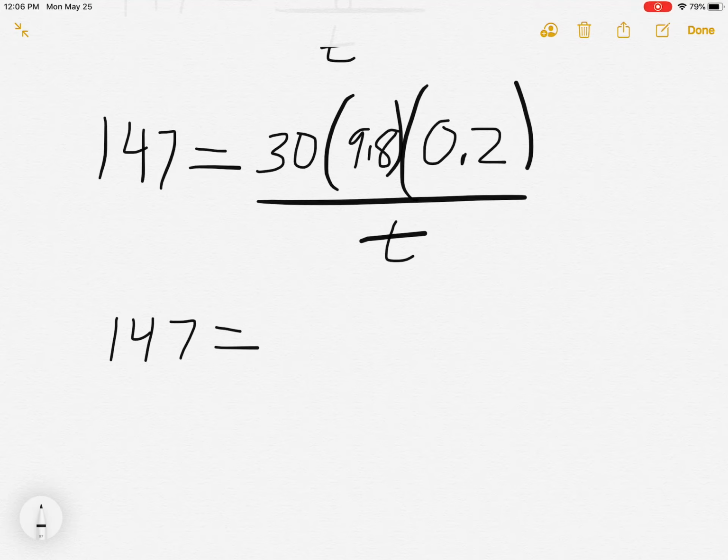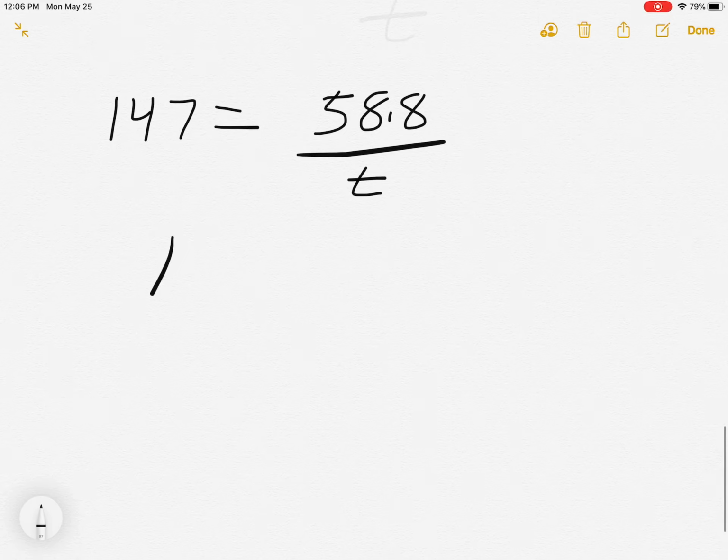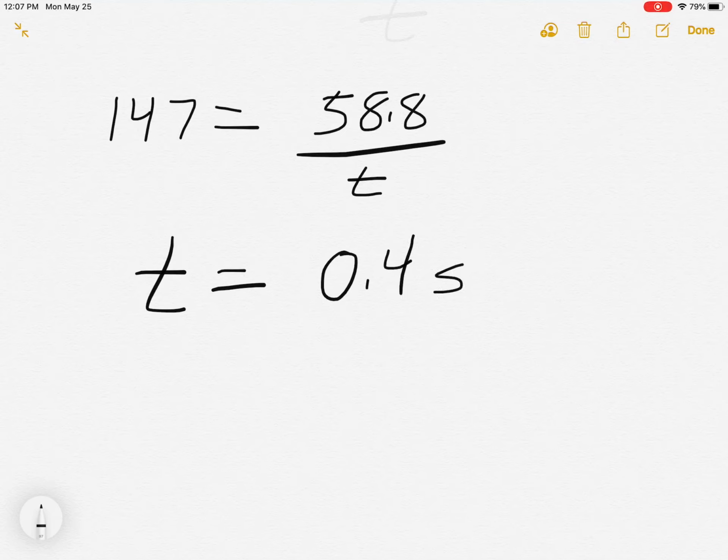But because we're only jumping up one step, this is going to come out to a much different number. This is 58.8 joules per stair. So when you figure out the time for this, using the height of one stair only, it's going to be 58.8 divided by 147. That time is 0.4 seconds, right?